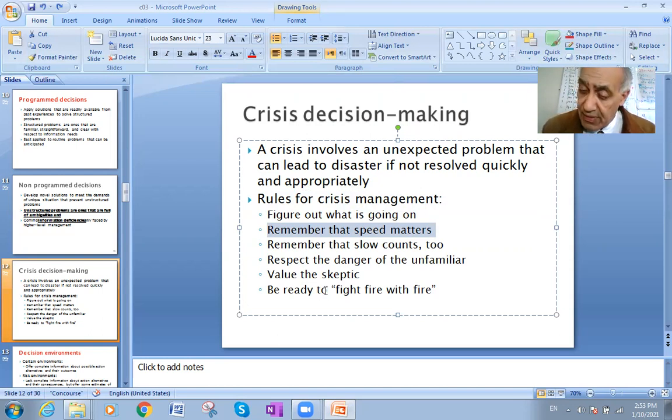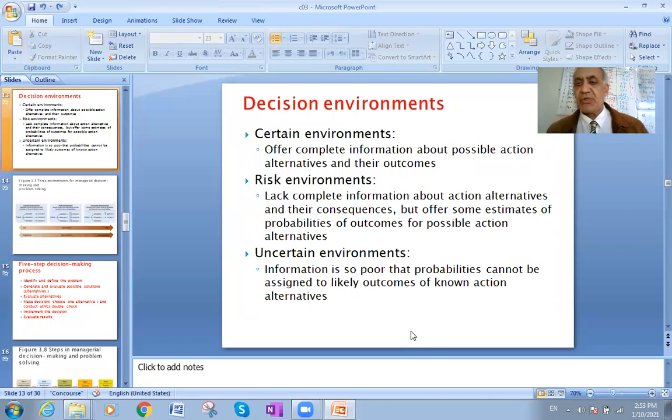Try to be as speedy as you can for a solution, if something happens all of a sudden. Respect the danger of unfamiliar values. Be ready to fight fire with fire. You have to do your best in crisis problems. So now let's go to the decision environment.